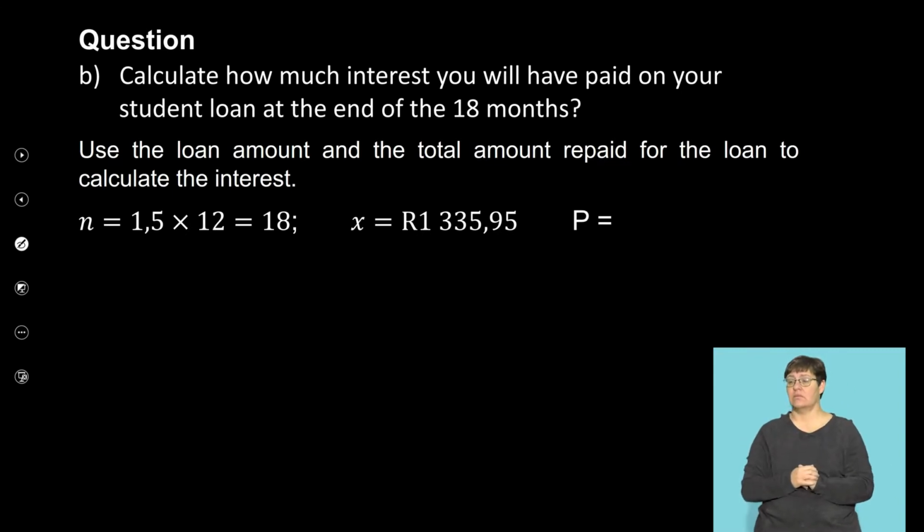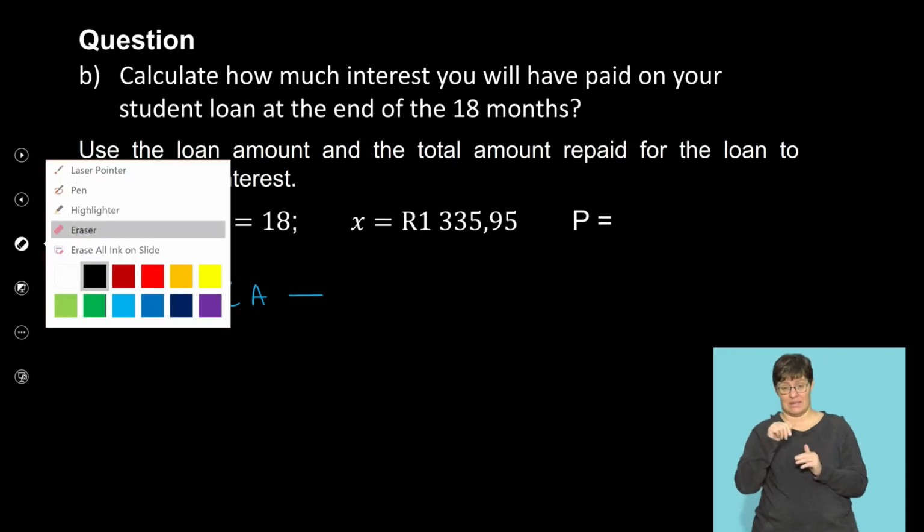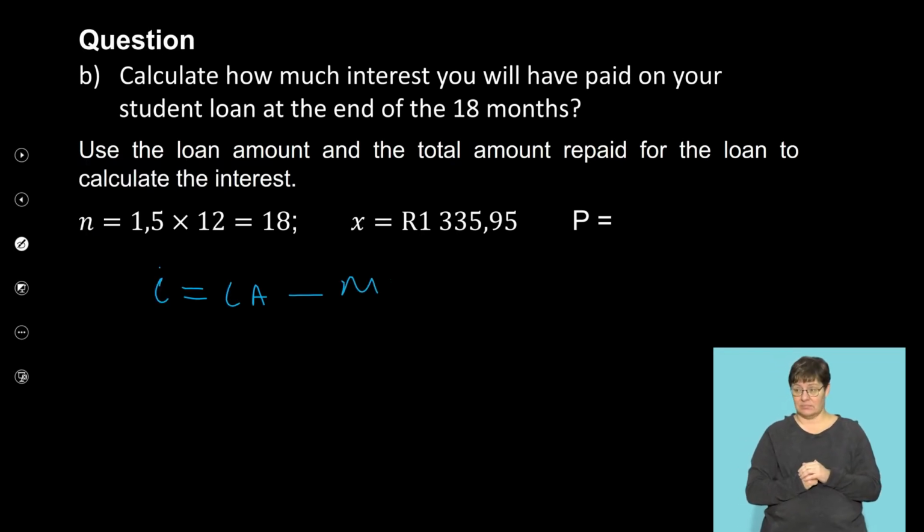The interest is equal to the loan amount minus what you have paid, which we can call W, or the monthly payments, MP, which is the same as X, right?